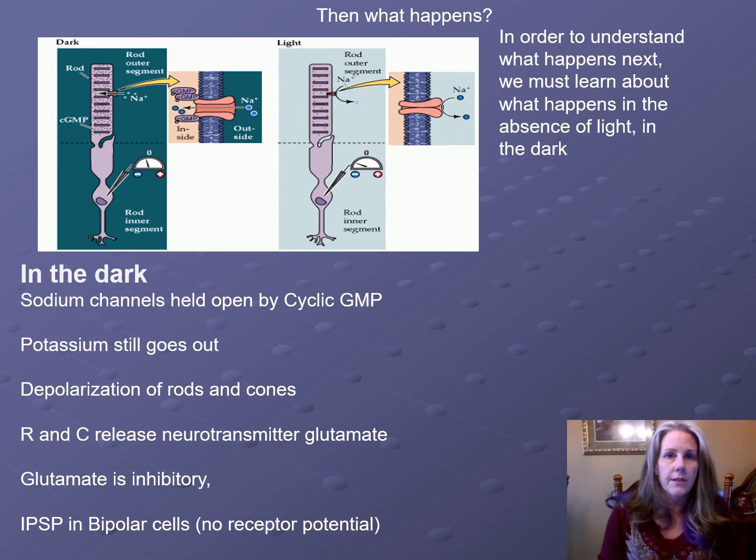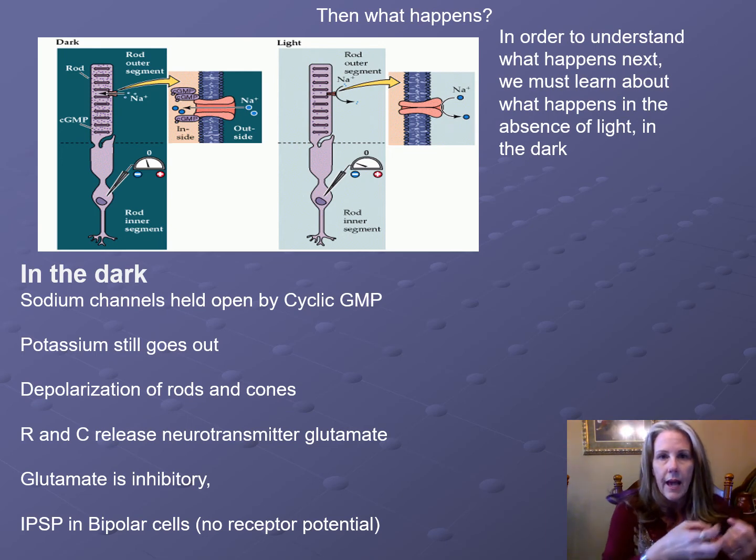Because the next part is picking up where we left off from the last slide, which is what happens next. Going back to our process, the stimulus has activated the receptors. Receptive field must be stimulated. We've done that. Transduction must occur.